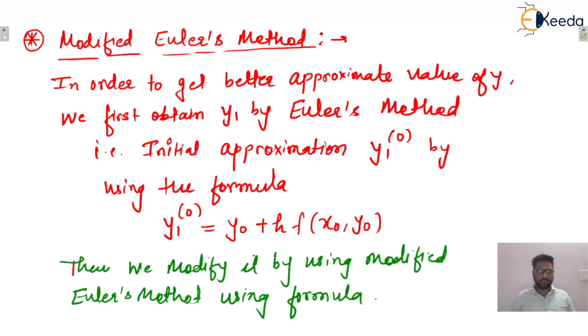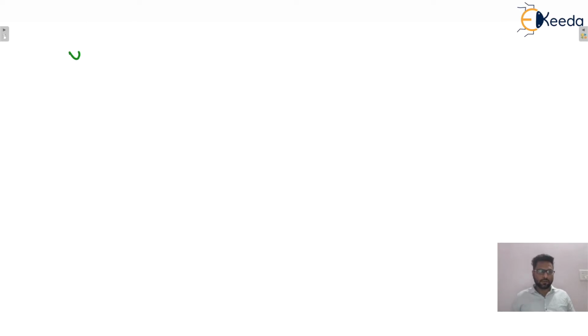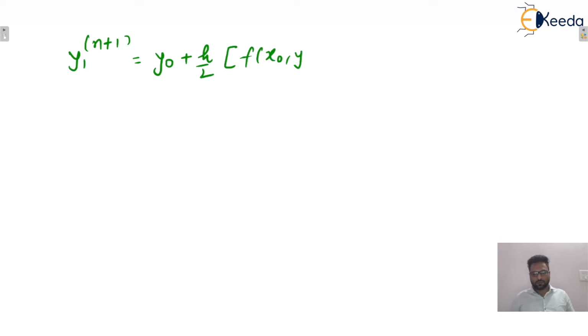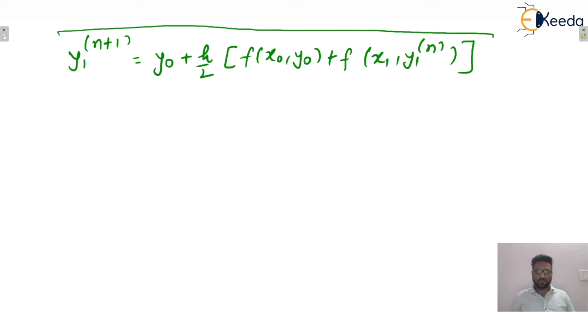In the next slide I'm writing that y1 superscript n plus 1 is equal to y naught plus h by 2 times f of x naught comma y naught plus f of x1 comma y1 superscript n. Yes, that is the modified Euler's method.